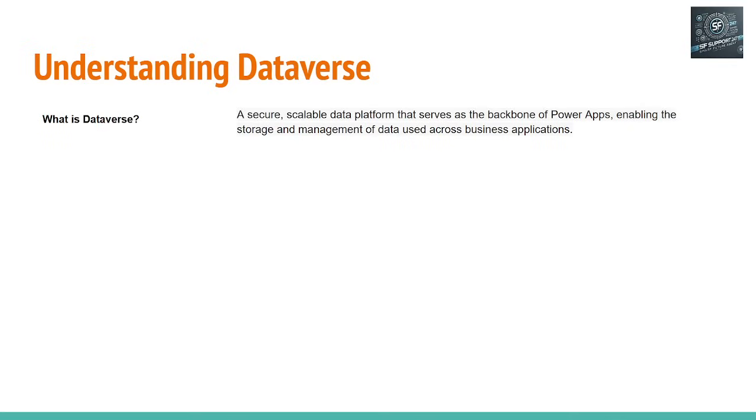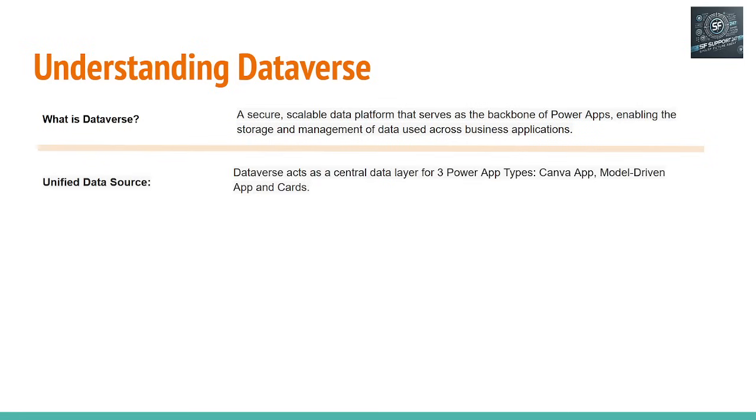Dataverse is a secure, scalable data platform that serves as a backbone for Power Apps, enabling the storage and management of data that is used across all business applications. Unified data source. Let's see why they are calling Dataverse a unified data source. Dataverse acts as a central data layer for all three Power App types.